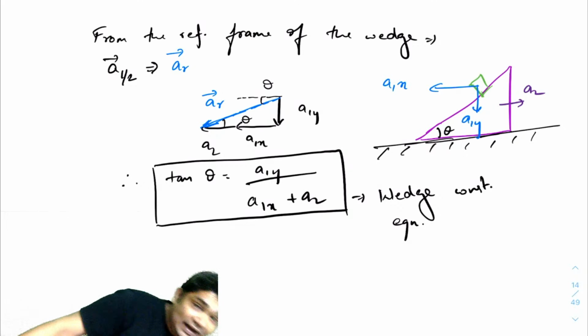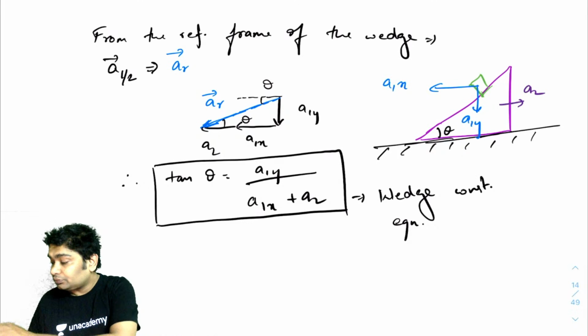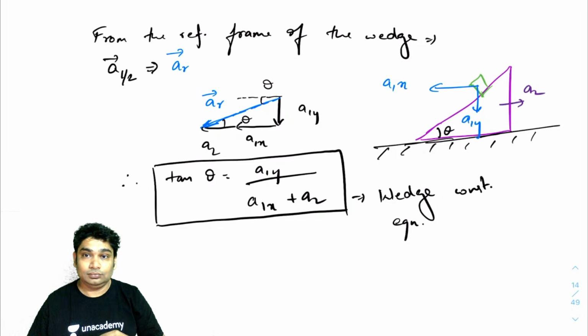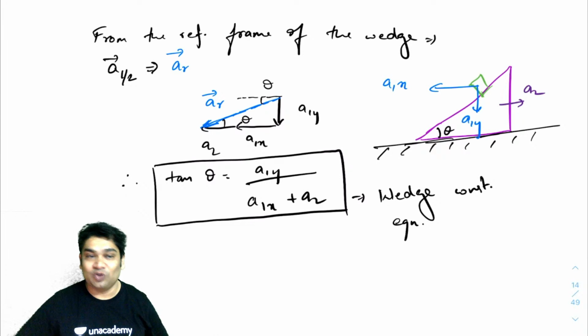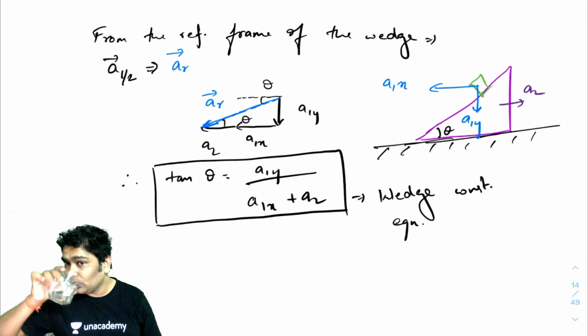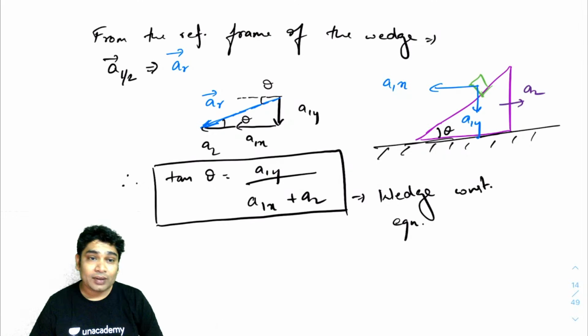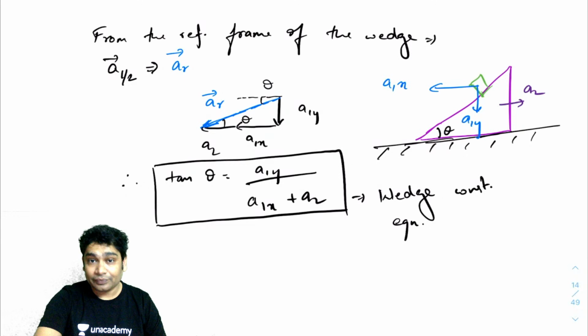Just go over this quickly and let me know. So this I think is one of the trickiest examples that you may encounter. Others would be rather simple. As I said, how do you write the constraint equation? Very easy. Just identify whatever restriction is there in the motion of the block. Okay, so that's it.